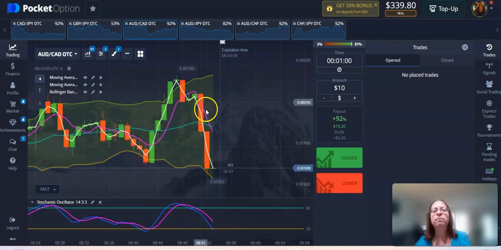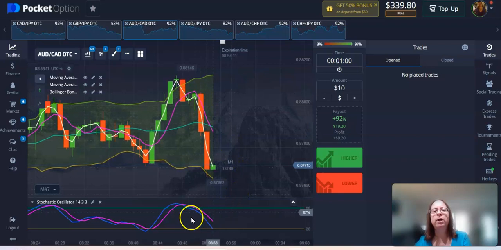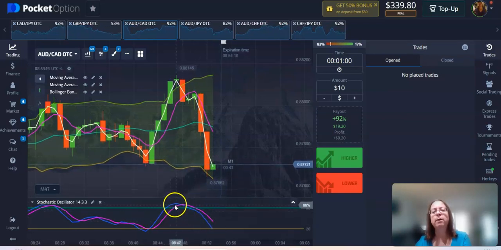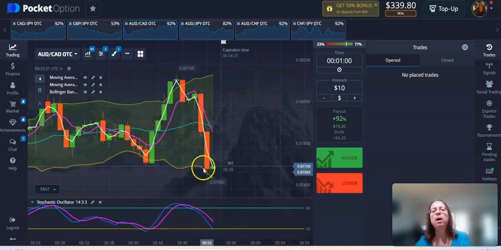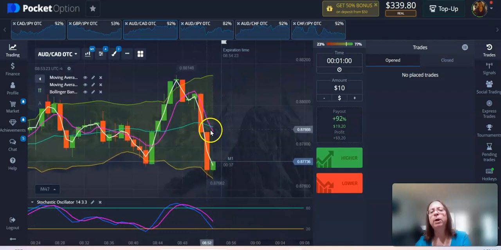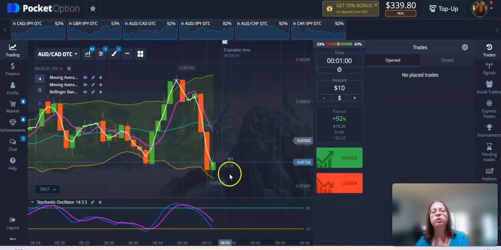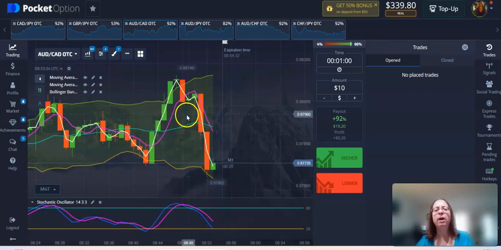I kind of look at it to make sure when you're getting in a downtrend, make sure that your second moving average here and your purple line, or whatever color you make it, of your stochastic oscillator is arcing around and going down. And it's like making sure that the tip of the moving averages look like they're pushing down the candles, as you saw as that candle was building there.